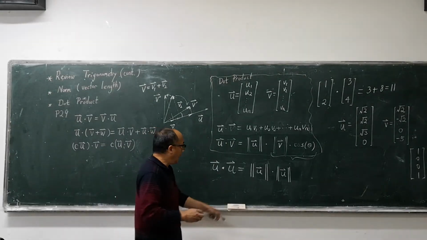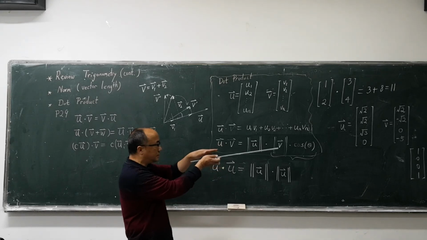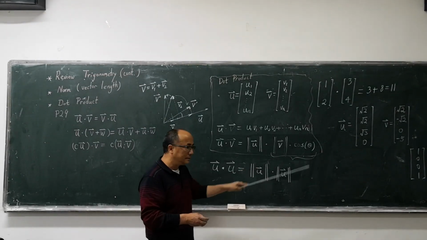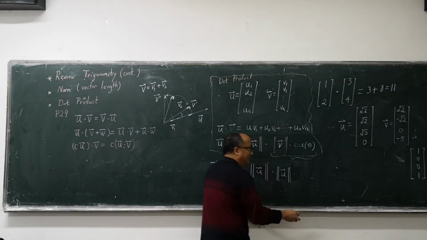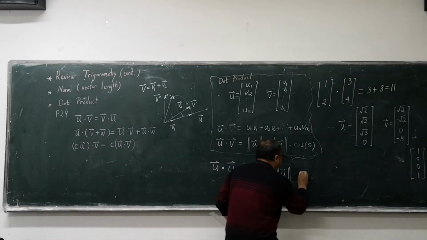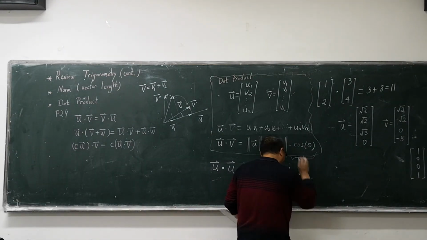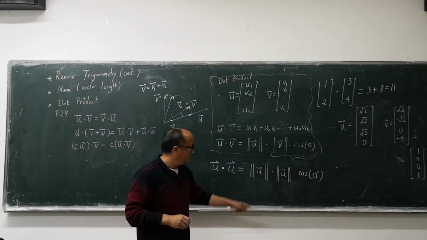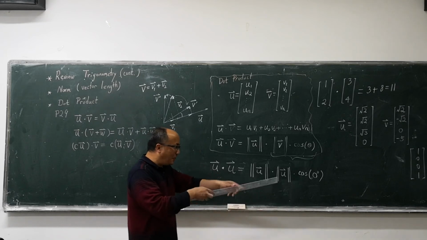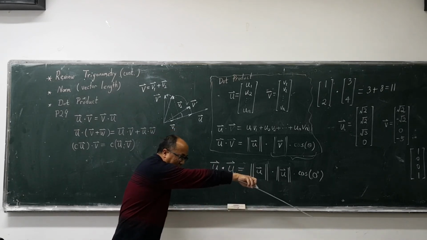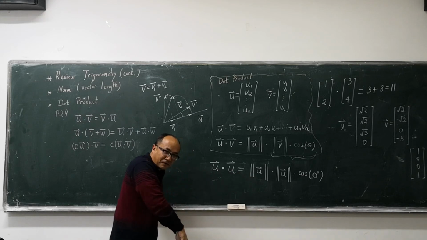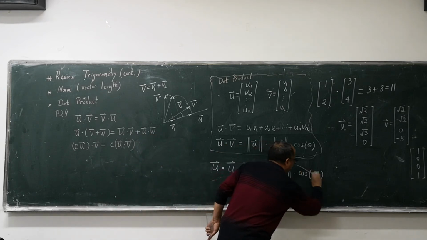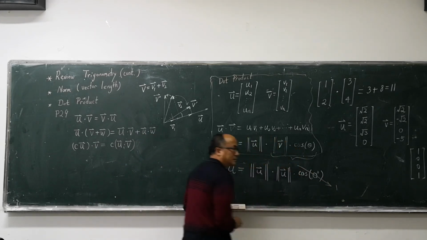And because it's the same vector, what's the degree? Zero. Cosine zero. And what is cosine zero? 1. Remember? It's a 1. Maximum.